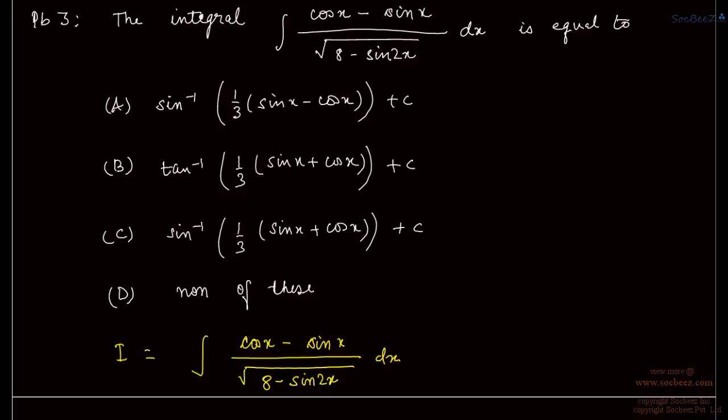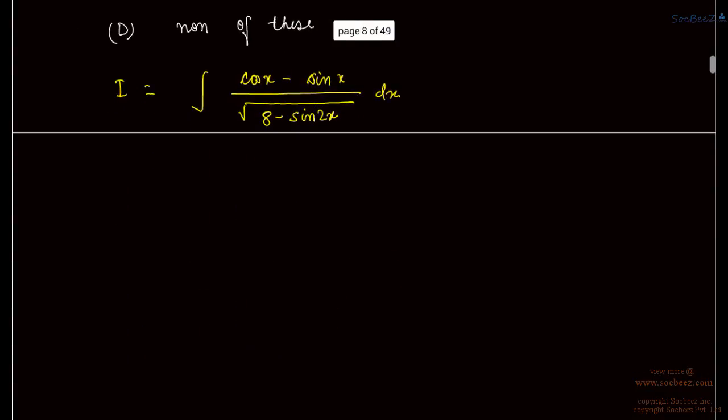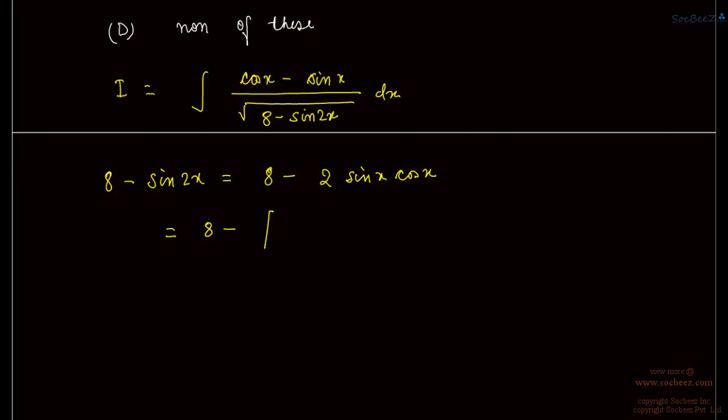Here we will be doing some trigonometric evaluation and then substitution. So 8 minus sin 2x can be written as 8 minus 2 sin x cos x, which can be further written as 8 minus (sin x plus cos x) square minus (sin square x plus cos square x), right?